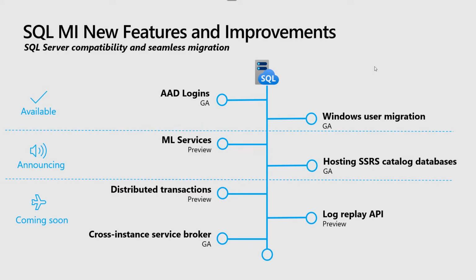Now, what's coming really soon is support for distributed transactions. So this is a great example of a feature that at the same time unblocks migration of the existing solutions, but also unlocks possibilities for their modernization and for building new modern solutions.